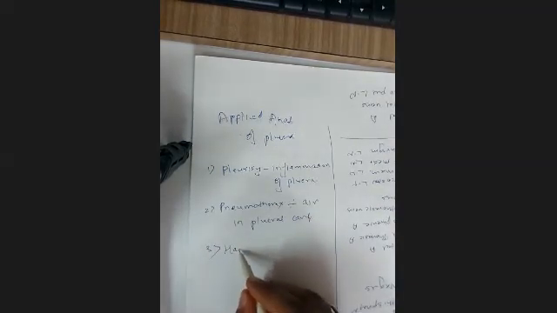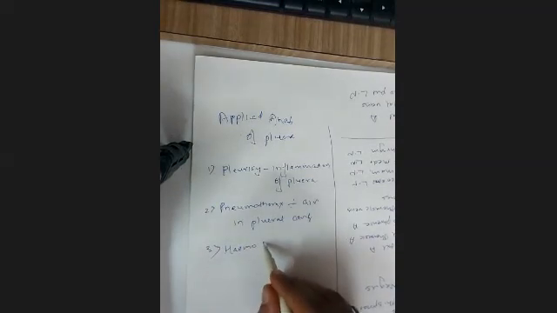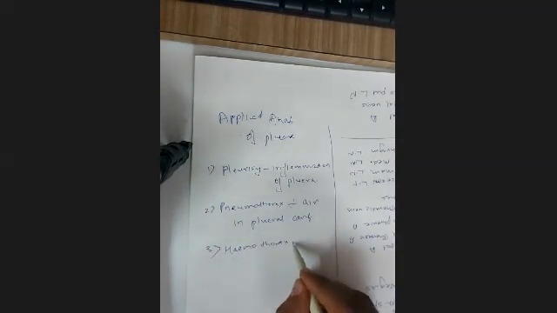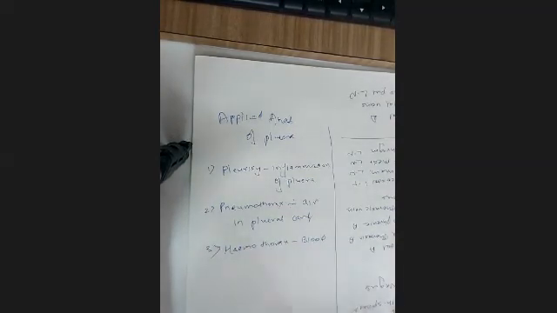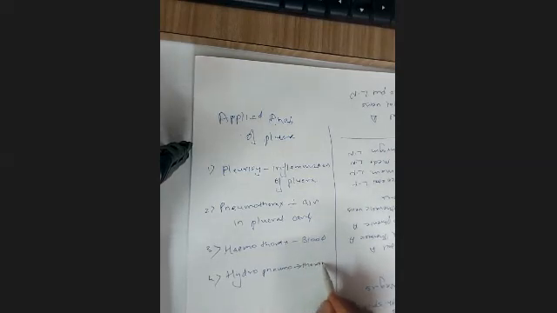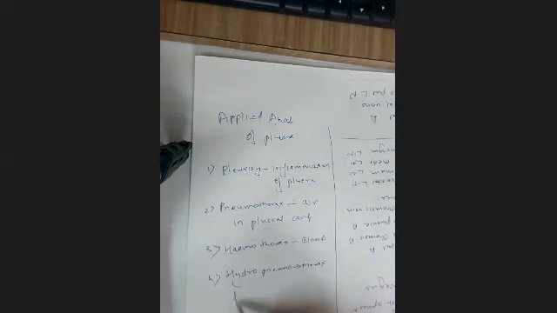Hemothorax is when there is blood in the pleural cavity. Then hydropneumothorax, when there is both fluid and air. And empyema.